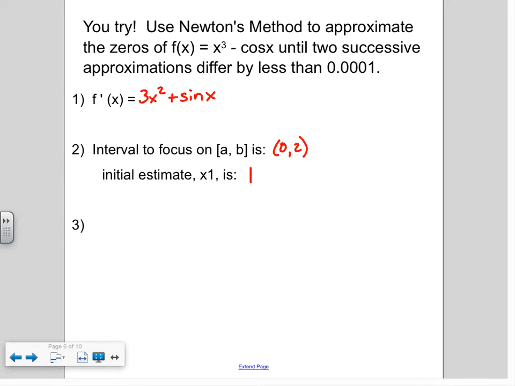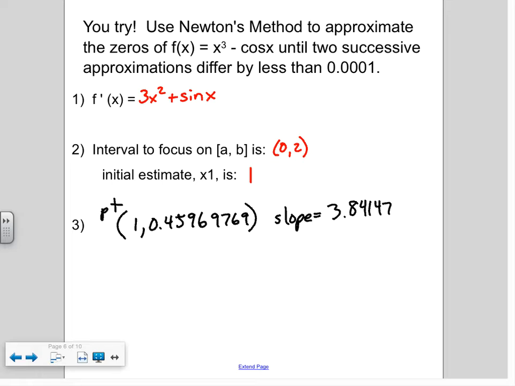Okay, so we'll make this a little bit cleaner. We have our first point, 1.045969769, and our first slope is 3.841471.